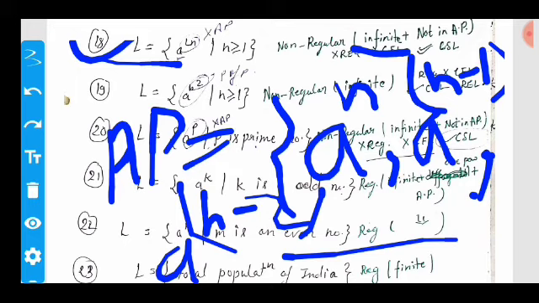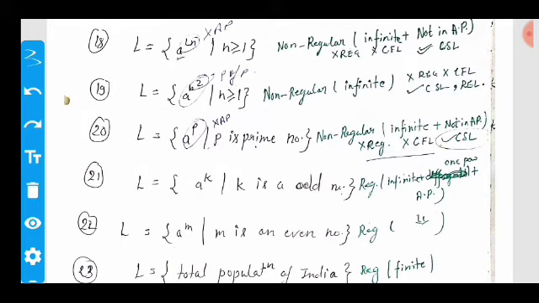So it does not have a common difference between the two elements in the language. So it is not regular and not CFL, but it is accepted by recursive and CSL language.